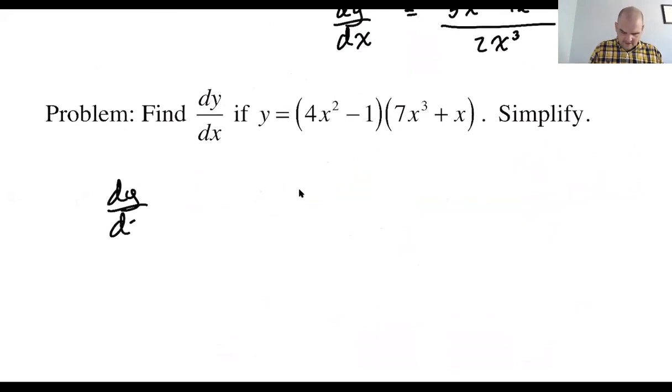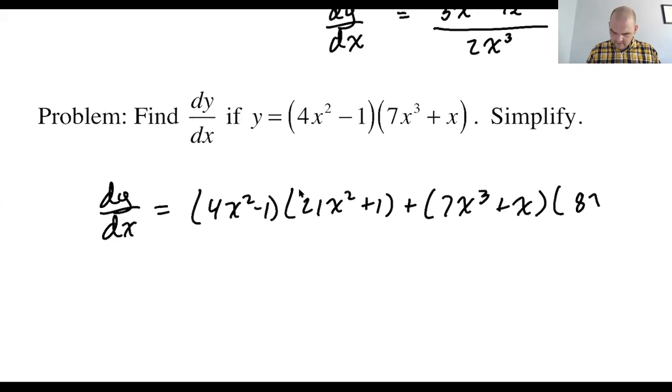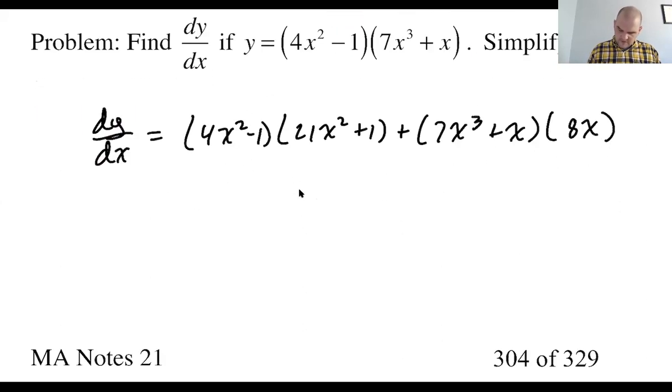All right, let's find this dy dx. I see a product, so I'm going to use product rule. Product rule: first, derivative of the second, plus second, and derivative of the first. Okay, and I'm supposed to simplify this, and there's nothing good that can be taken out of this.